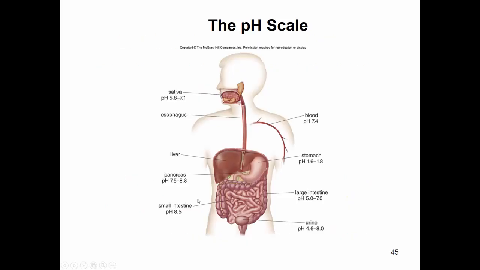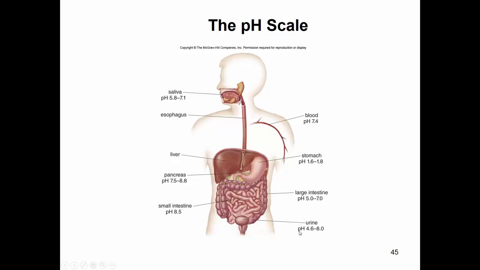All right, so to relate this to the human body, this is pretty interesting. We have to keep all of the pHs in our body regulated, right? If the pH of our blood changes much at all, this can result in death. It has to stay at a pH of 7.4. Saliva is also acidic. Here shows your pancreas. Small intestine is basic.